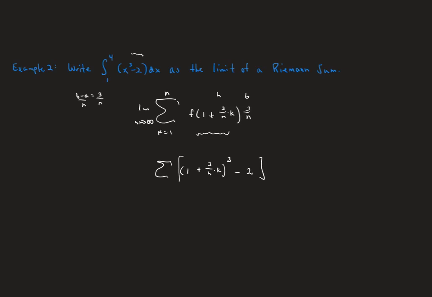So there's our function, and then times our delta x, which is the 3 over n. And we'll go k going from 1 to n, and make that the limit as n goes to infinity. Kind of crazy. Okay.